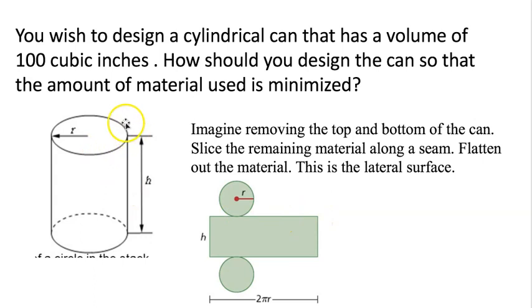Do you see that? All the way around here is the circumference of the circle. That would be the length of that rectangle if you remove the top and the bottom, slice it along a seam, and flatten it out. So 2 pi r is the circumference of a circle. That's this distance. h is the height. So the area of this piece would be 2 pi r h.